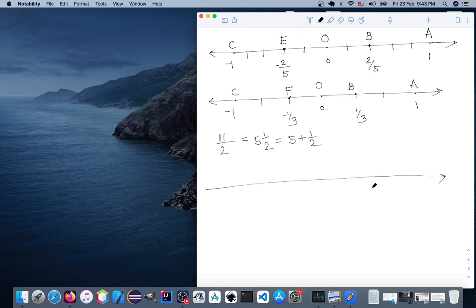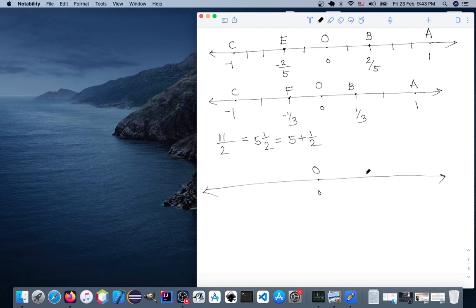So this is the number line. We have the center point O as the value 0. Now definitely 11 by 2 is 5 whole parts, that is 5 distances, 5 plus half. So 5 means 5 unit distances.